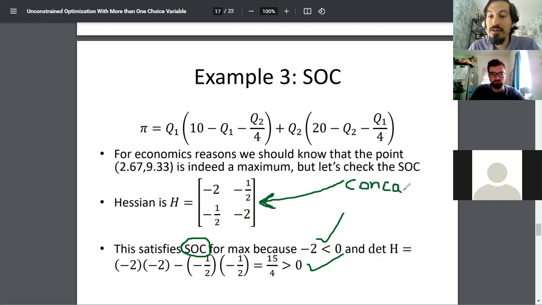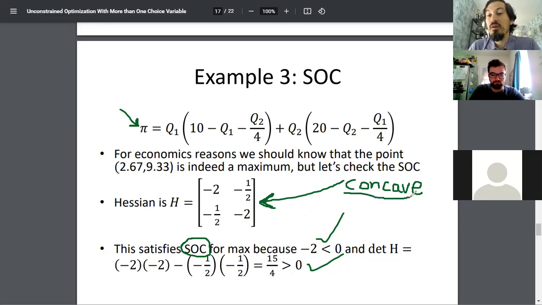So if you wanted to go the full mile and say we have found the global maximum of this profit function, pi, we know that because the sufficient second order condition for a local max was met, check, check.